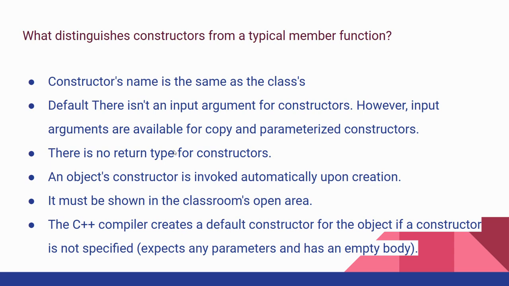There is no return type for constructors. An object's constructor is invoked automatically upon object creation. It must be declared in the public area of the class. The C++ compiler creates a default constructor for the object if a constructor is not specified.